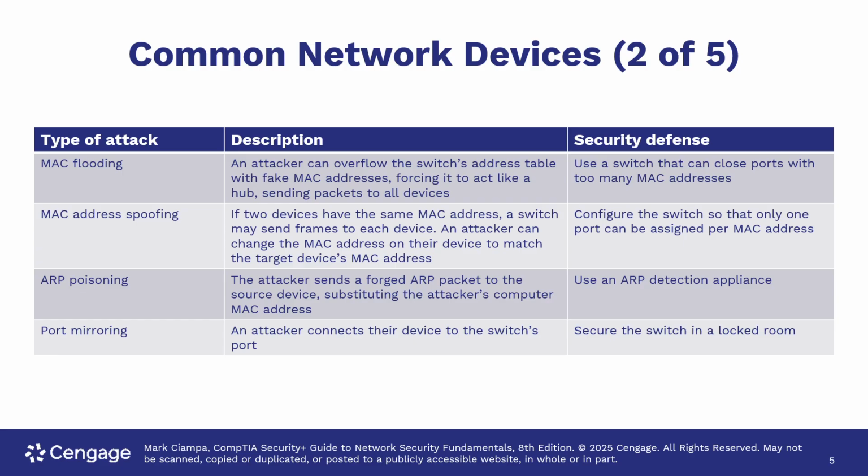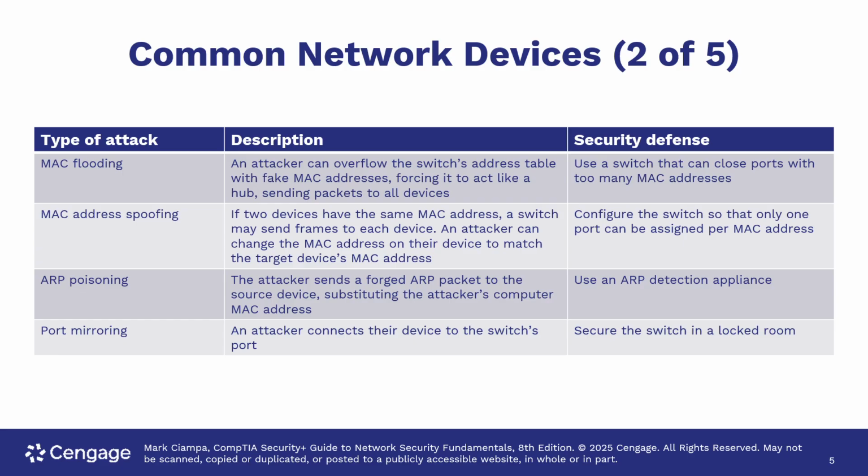So which one do you give it to? Because one of them is actually forging or spoofing the other address. ARP poisoning, they're sending a forged ARP packet to the source device, substituting the attacker's computer MAC address.